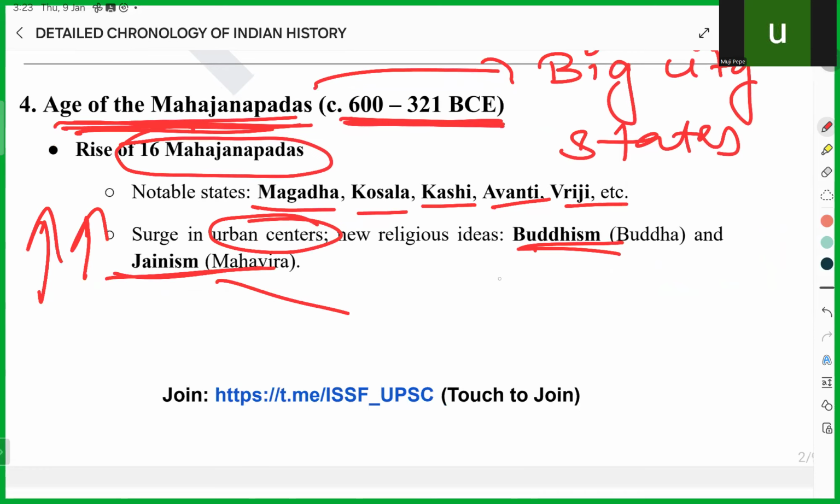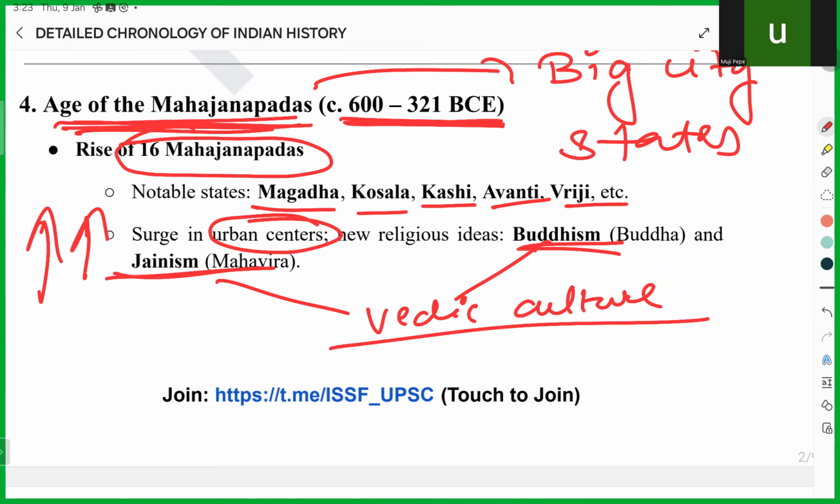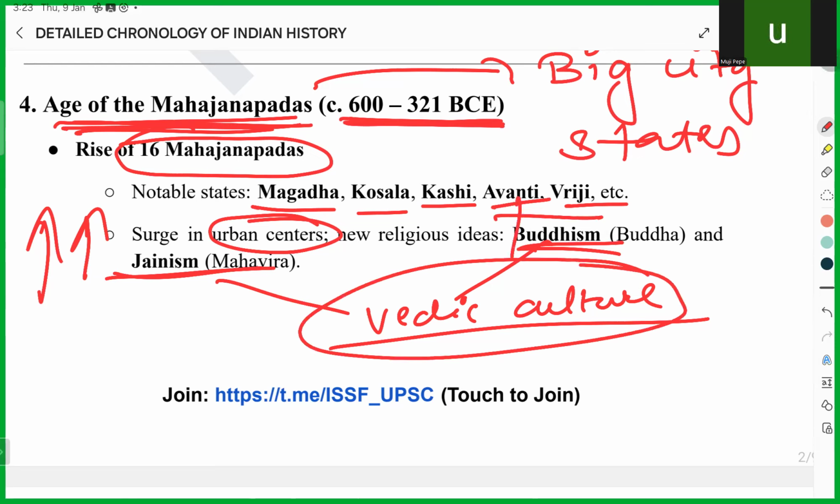This was in response to the Vedic culture, which sought to impose a strict hierarchy on people. It wanted to tie people in a strict hierarchy, and that is why they rebelled, and Buddhism and Jainism came to the fore.